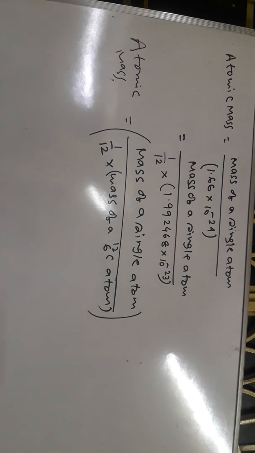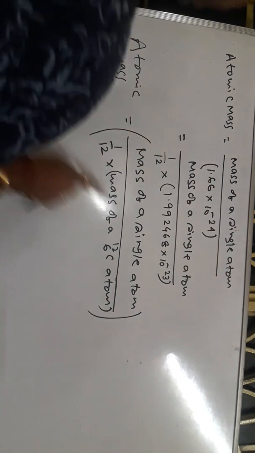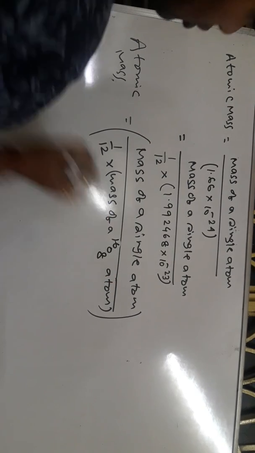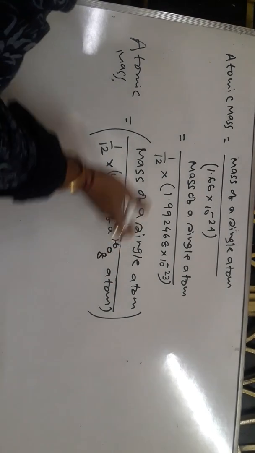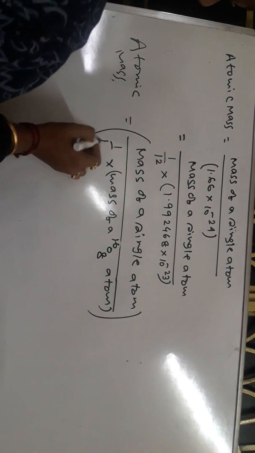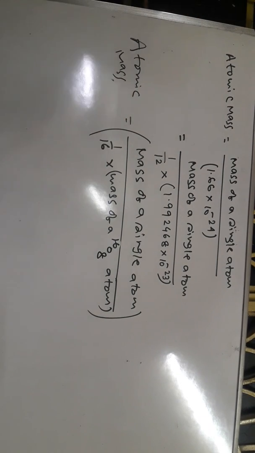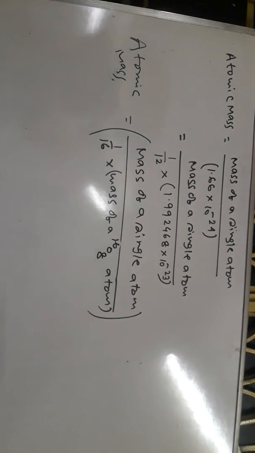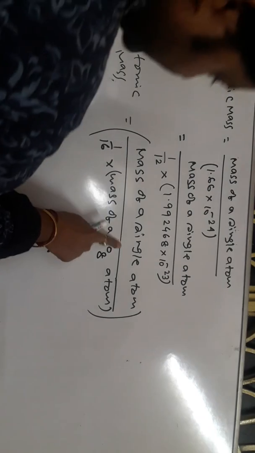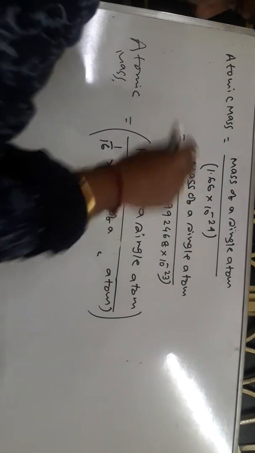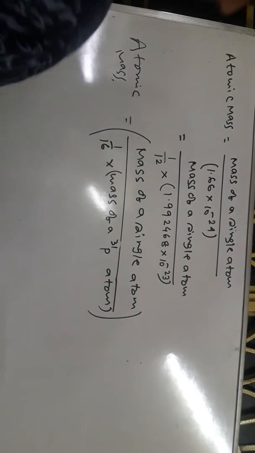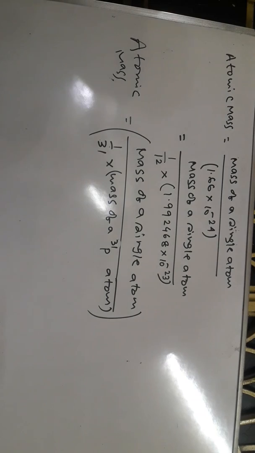So understand, if I don't want to put carbon here, I want to put 8 or 16, no issue. So in comparison to oxygen you are doing it. Instead of 12, you will put 16 here, because that will be 16 into 1/16, that is again equal to 1 AMU. These are also called scales: carbon scale, oxygen scale. You want to put phosphorus, 31, so you put 31 here.